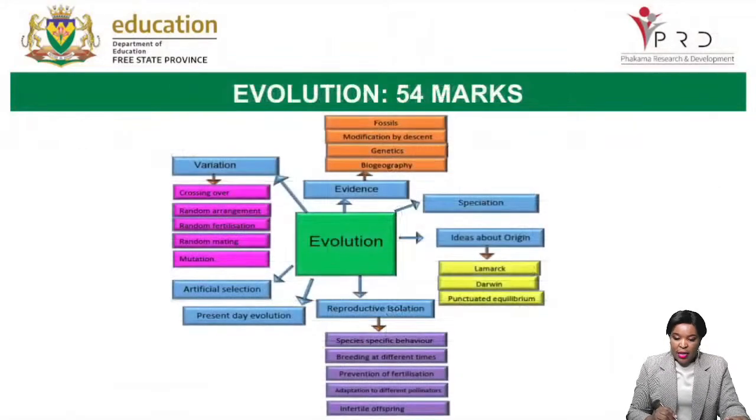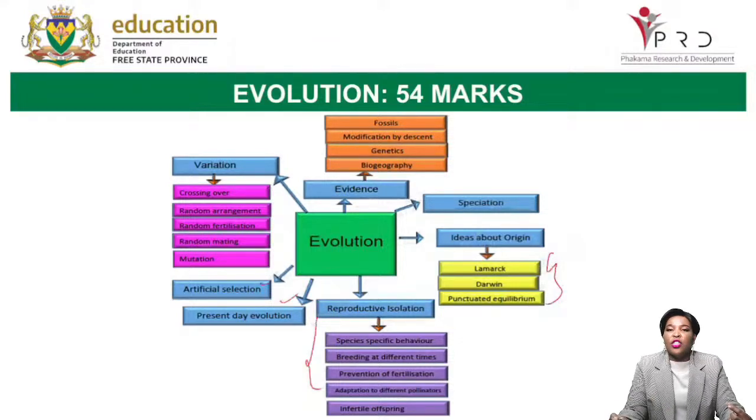Right. So let us unpack. This is a schematic diagram that shows you how big this topic is with its different components. So you have to know the evidence for evolution, sources of variation, speciation, ideas about origins, those theories here, and reproductive strategies, artificial selection, and evolution in present day.